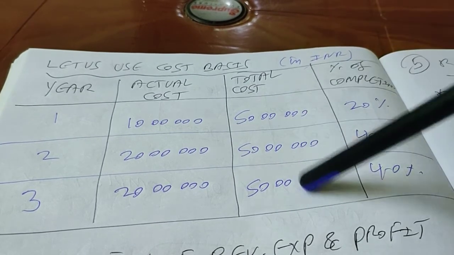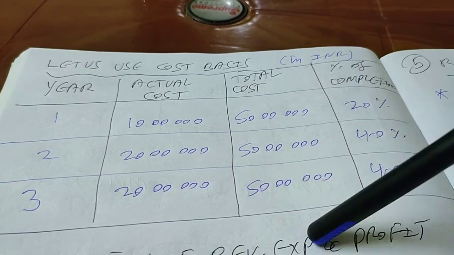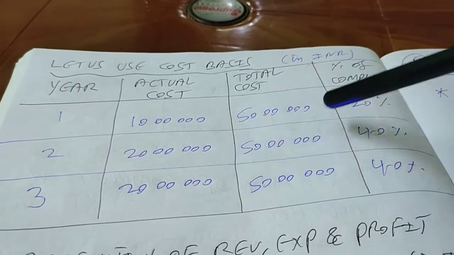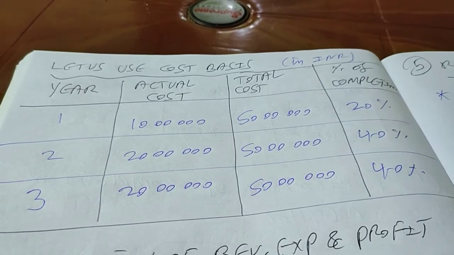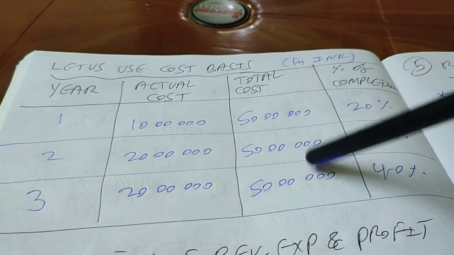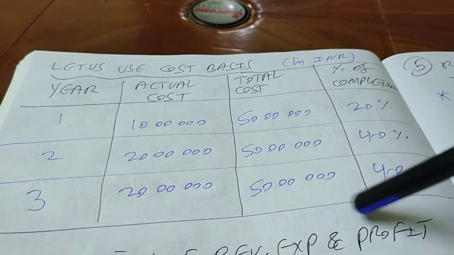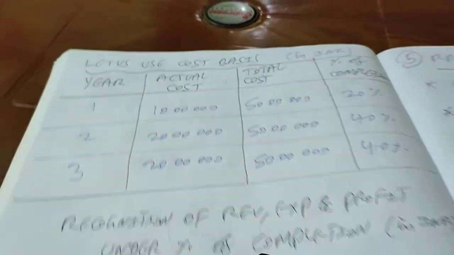So total cost is 50 lakhs for the entire project. Year 1, what is the percentage of completion? 10 upon 50 lakhs multiplied by 100, 20%. Year 2, 20 upon 50 lakhs multiplied by 100, 40%. Year 3, again 20 upon 50 lakhs multiplied by 100, again 40%, right?